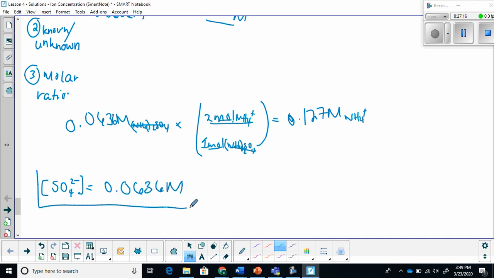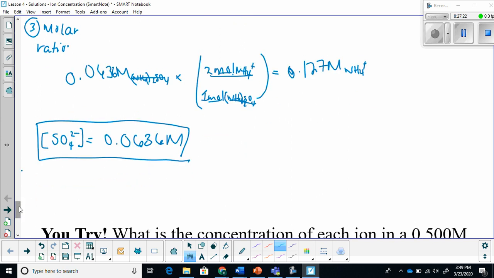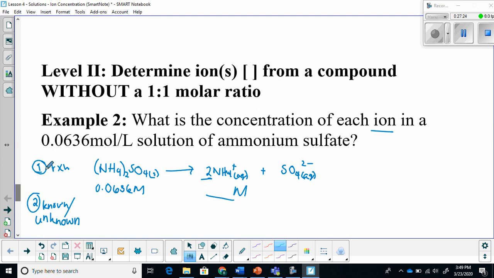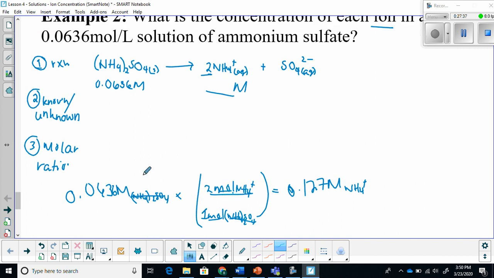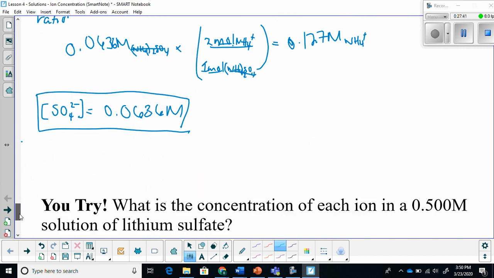Okay, what we're noticing is when something has a 1-to-1 ratio, the concentration is going to be the same. So if it has a 1-to-1, 1 times 1 divided by 1, you're left with the same value as your known. Okay, so you'll notice that. But to play it safe, you can always write this statement out to double check.